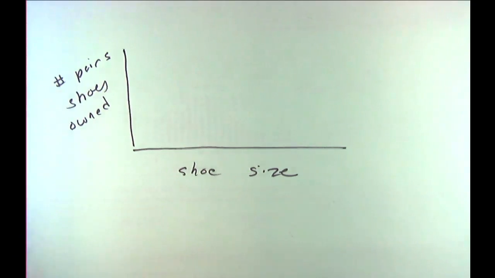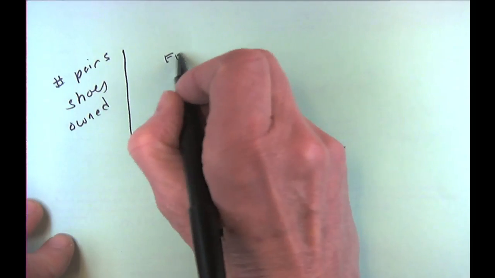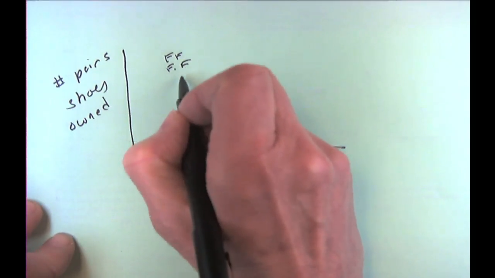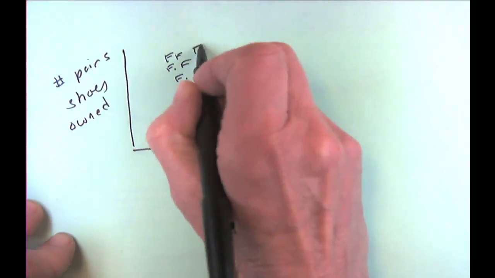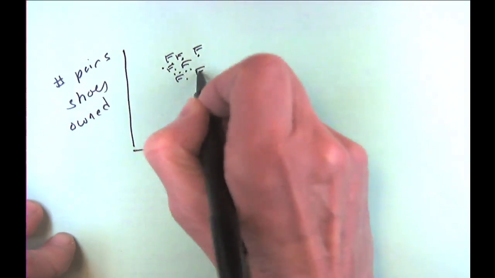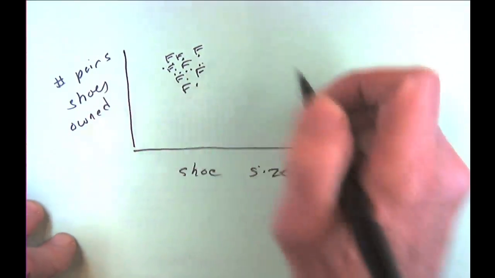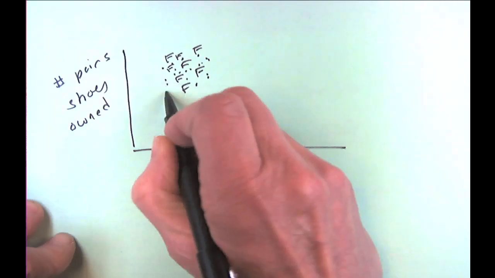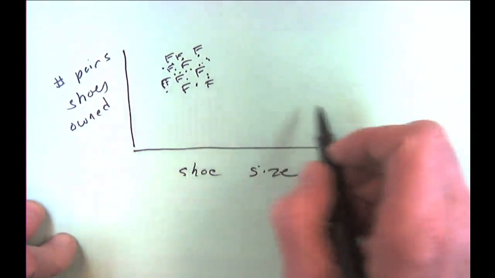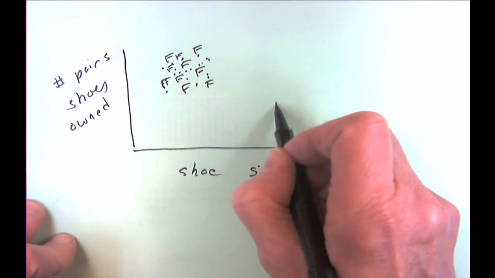And we have two groups of people. I'm going to do a super exaggerated version. We have the females. I'll code them as little Fs up here. Imagine all the females here. We have lots of females. And then we have males. I'll make it really exaggerated.